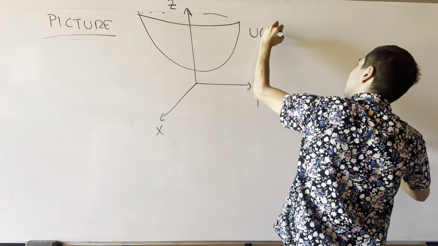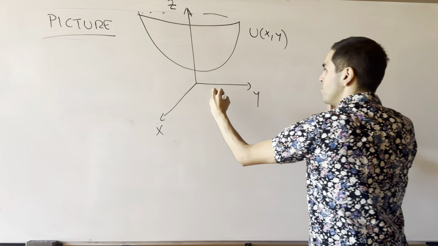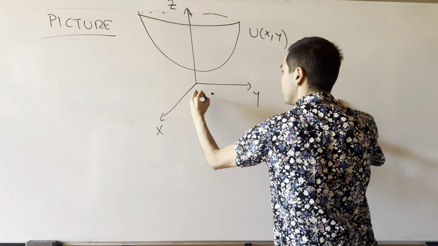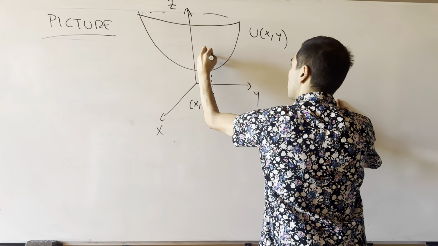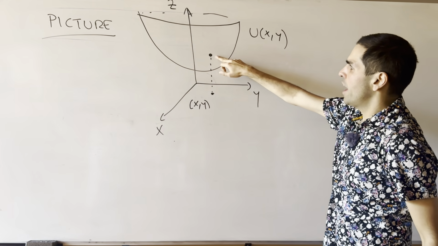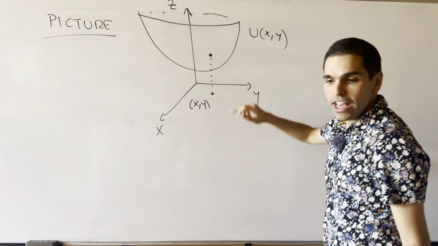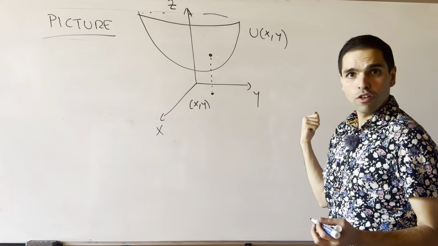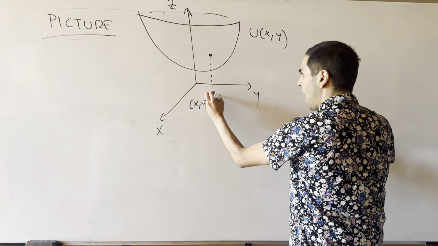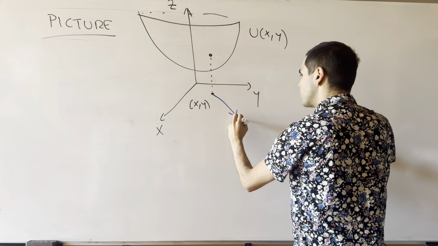So that's u(x, y), and maybe we have a point (x, y) here. So here you are at the point (x, y), and you want to figure out what happens to the rate of change of u as you move in this direction v.